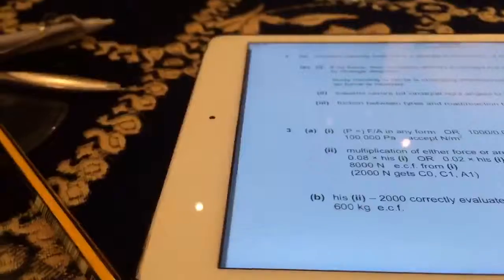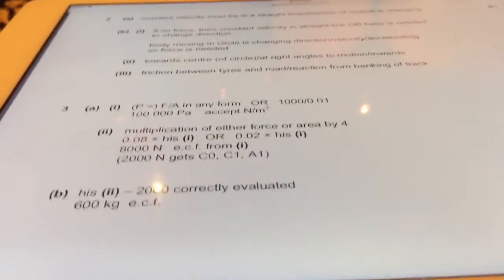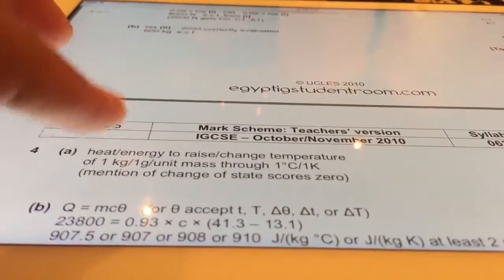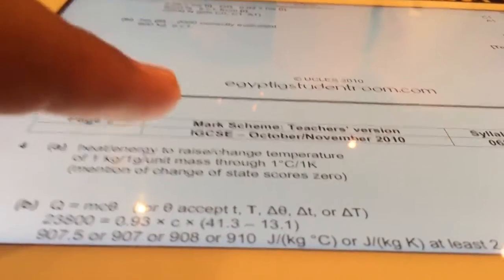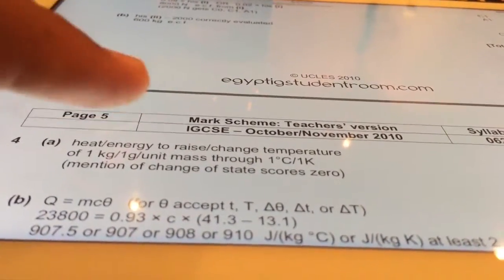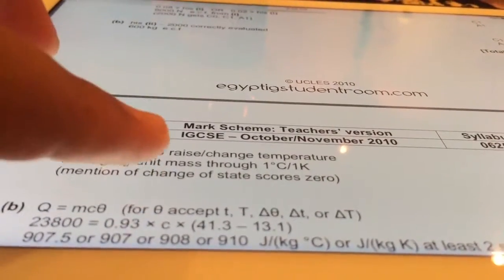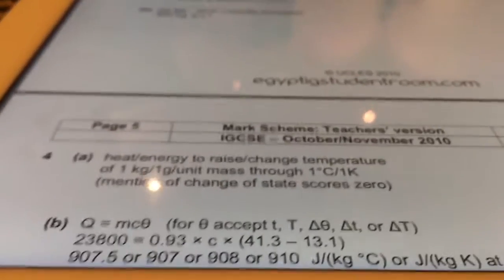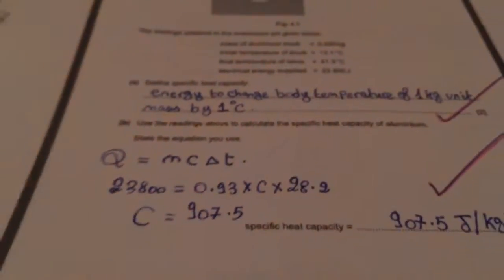But in IGCSE we use degrees Celsius. So let's go down. The heat or energy to raise or change the temperature of 1 kilogram unit mass or 1 gram unit mass through 1 degree Celsius or 1 Kelvin. They said or, so our answer was one of them, and we are absolutely true. Perfect. Let's move on to the next question.